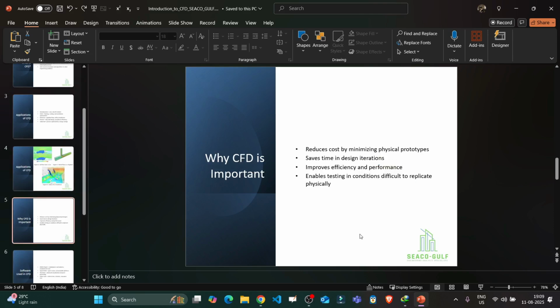Next is why CFD is important. First of all, CFD reduces cost by minimizing physical prototypes. For example, say you want to apply HVAC. You don't know how much flow rate you have to give, what the optimum flow rate will be, and how much cooling is required in an environment.